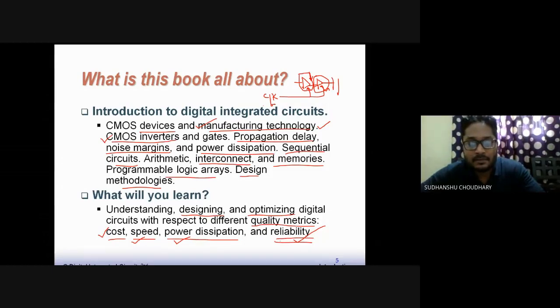That is, whatever I design, it should behave the same. So we'll talk about what the reliability concerns are and how circuits can be made more reliable. That will also be covered. In fact, that is one of the aims of this course, to make you learn how to make reliable circuits. Right?